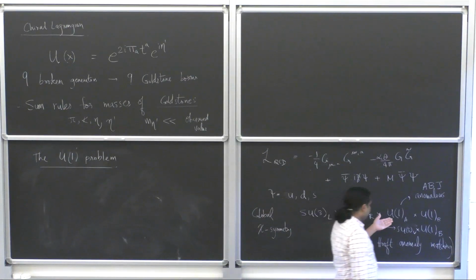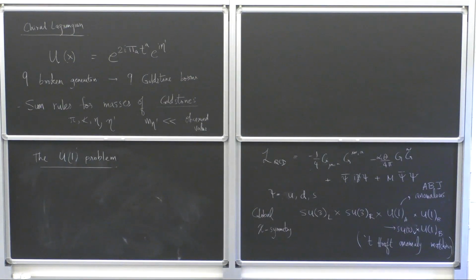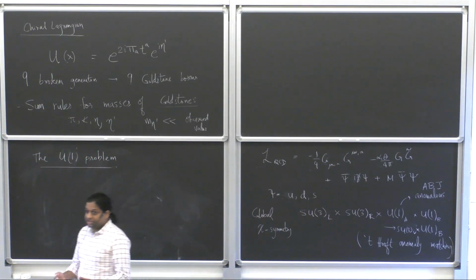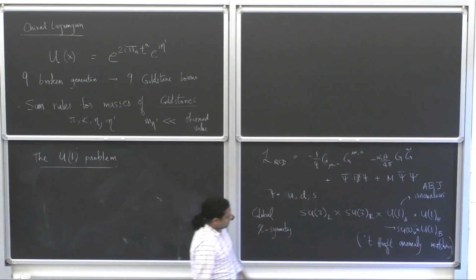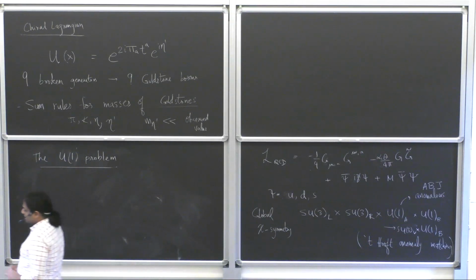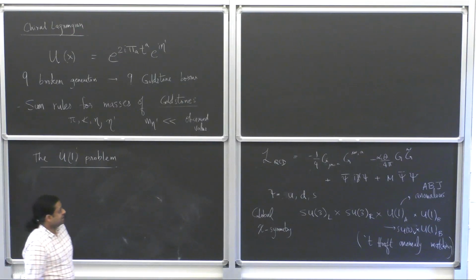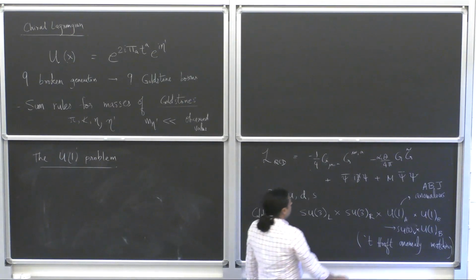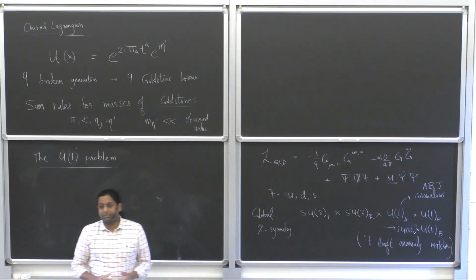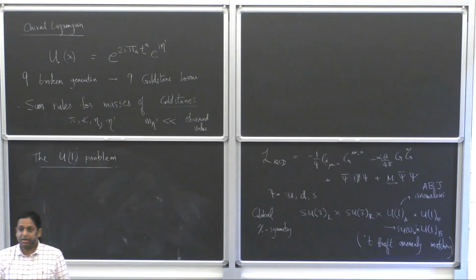So 't Hooft showed that this U(1) axial has an anomaly, and instantons exist for QCD, which actually have physical effects. They contribute to breaking of this U(1) axial symmetry, so this symmetry is explicitly broken even in the limit the mass goes to 0, and so we don't get an eta prime Goldstone boson. Okay.